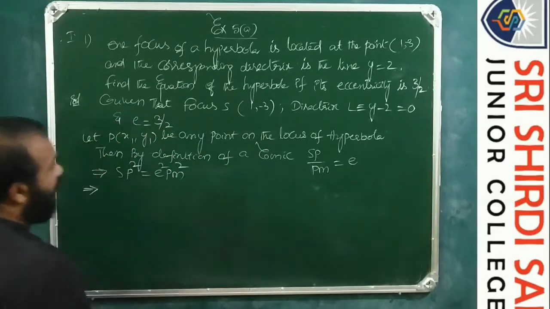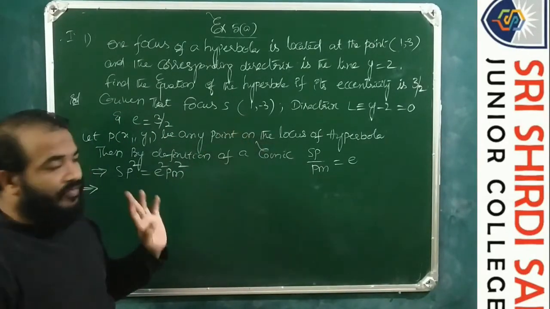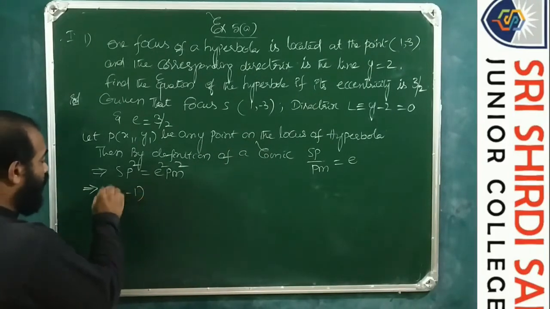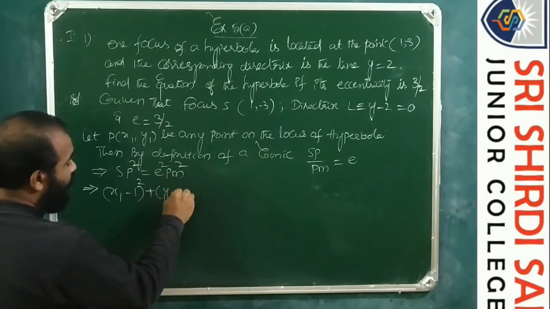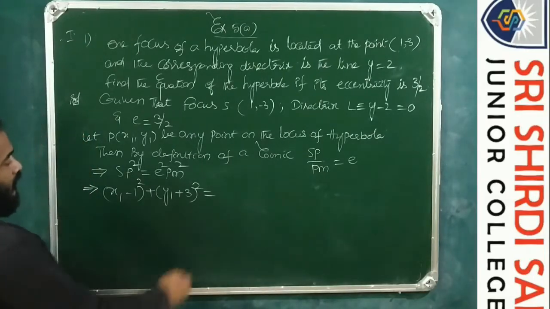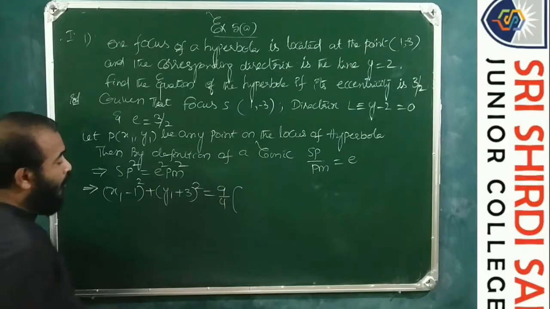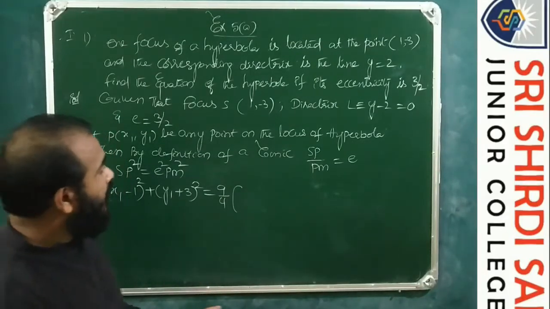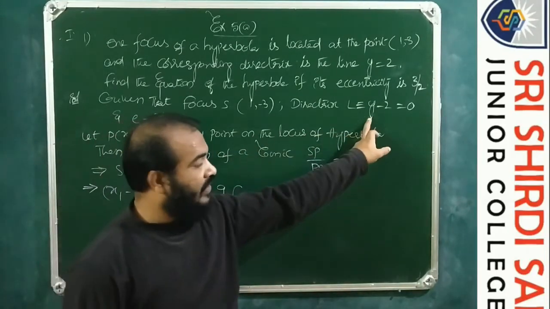So S is the focus, P is the point (x1, y1). The distance between the 2 points: (x1 minus of minus 1) whole square plus (y1 minus 3) whole square is equal to e square, which is 9 by 4, into PM square, the perpendicular distance from the point (x1, y1) to this line.